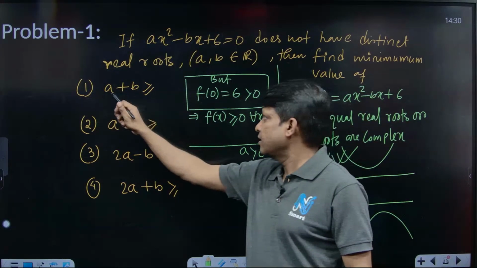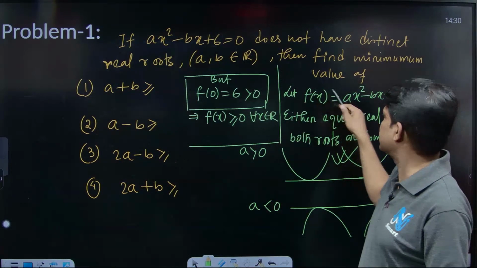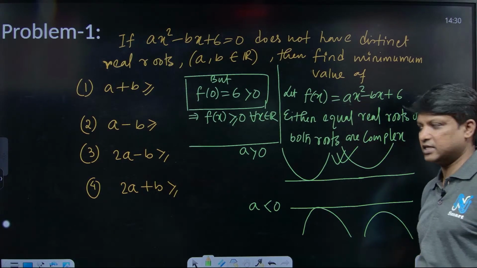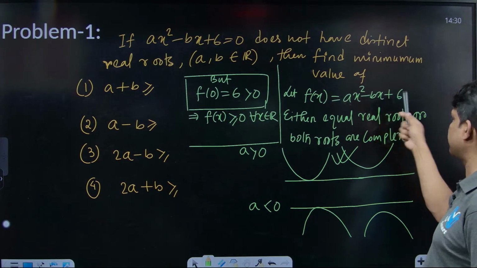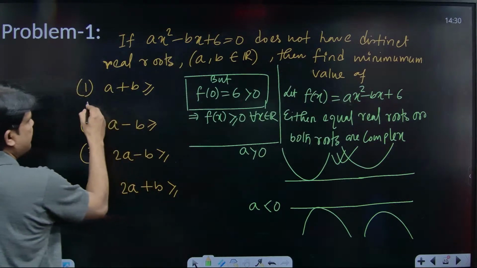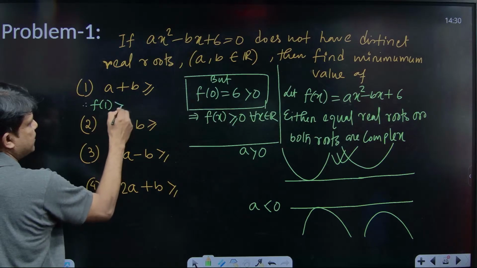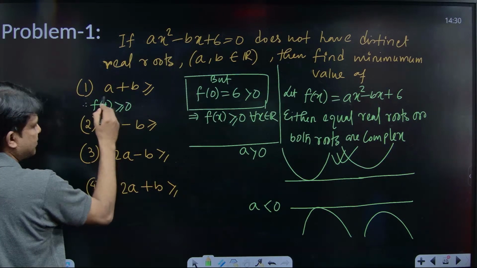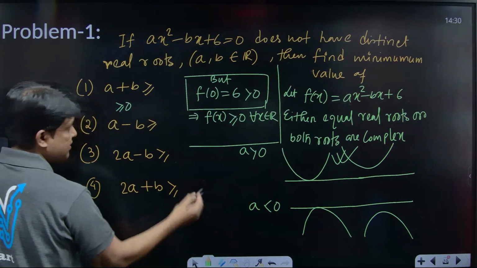Now first case, how will we get a plus b? Because the f(x) expression is given as ax square minus bx plus 6. Just put x equal to minus 1, because the x square term is positive, minus x is plus 1, so this is a plus b plus 6, always positive. That means f of minus 1 is positive, because for every real value of x, f(x) is positive, done.